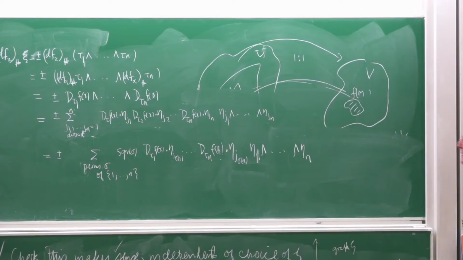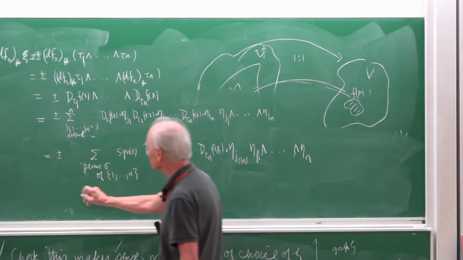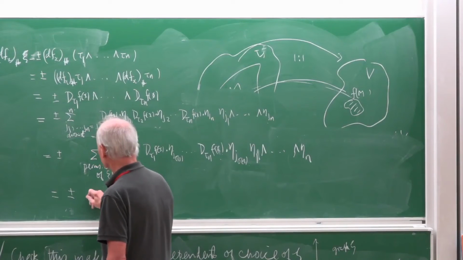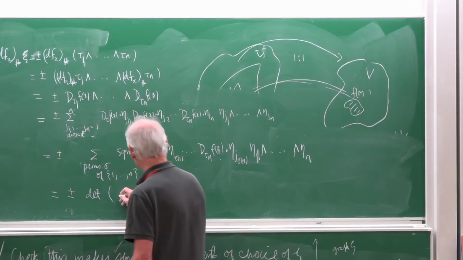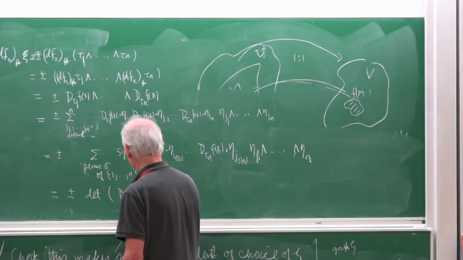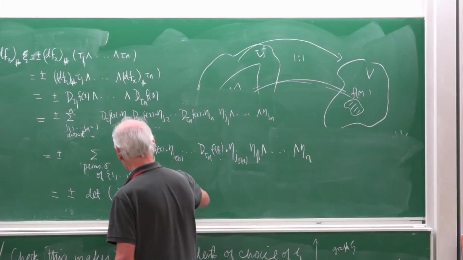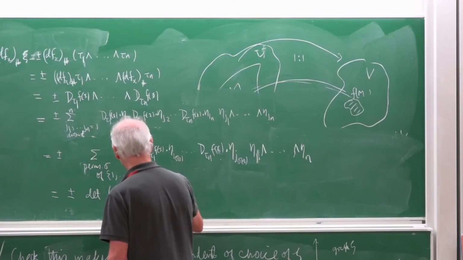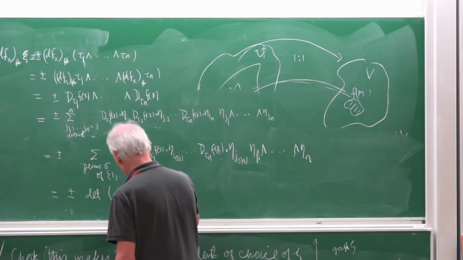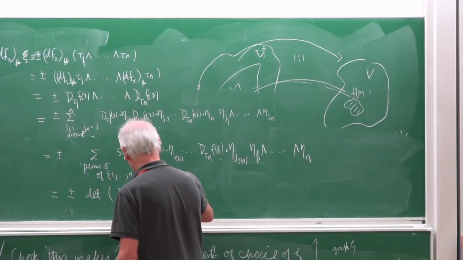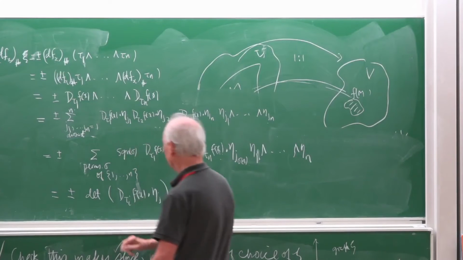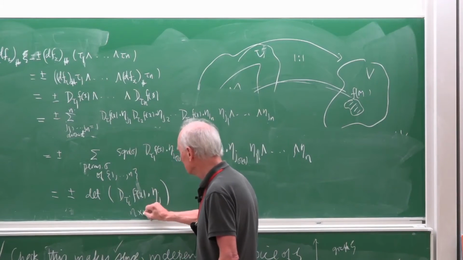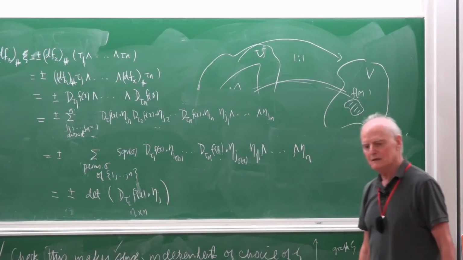So write it that way. And notice this is just a determinant. This is plus or minus the determinant of the n by n matrix d tau i f of x dotted with eta j. And we did this once before.